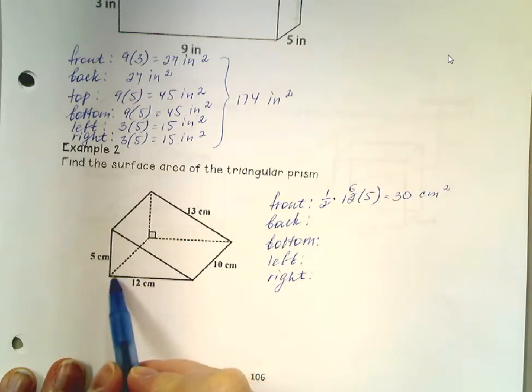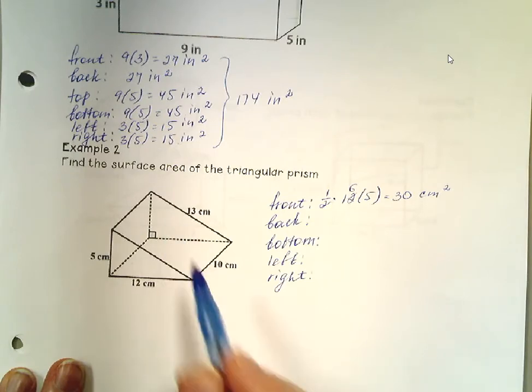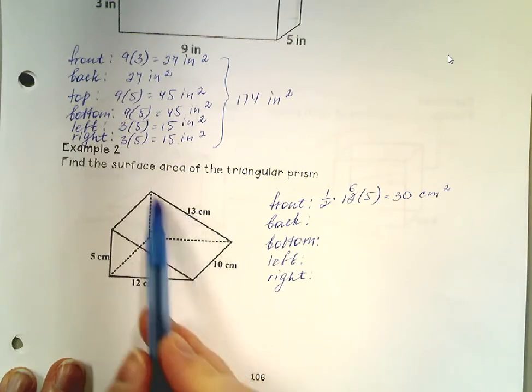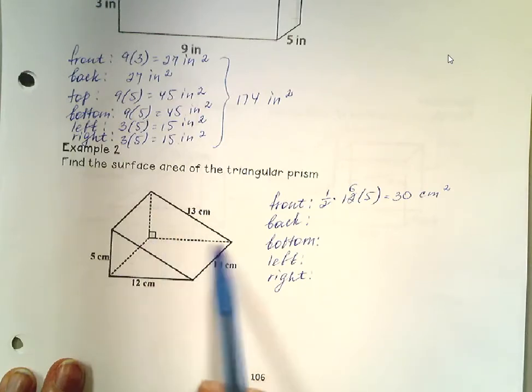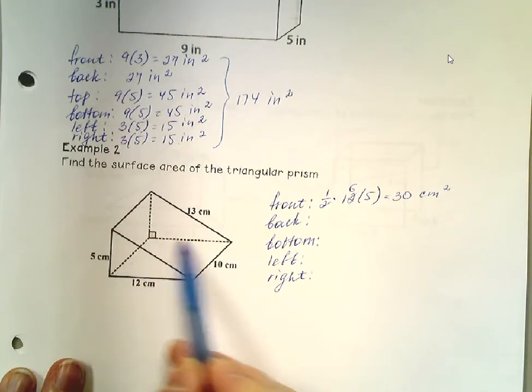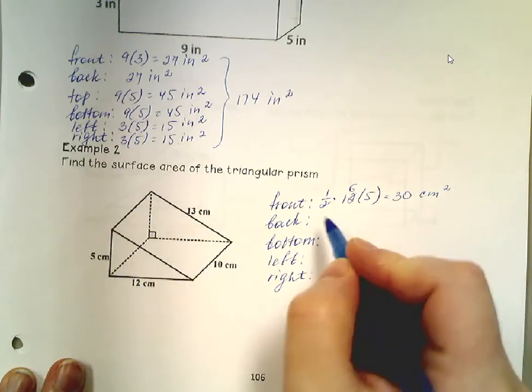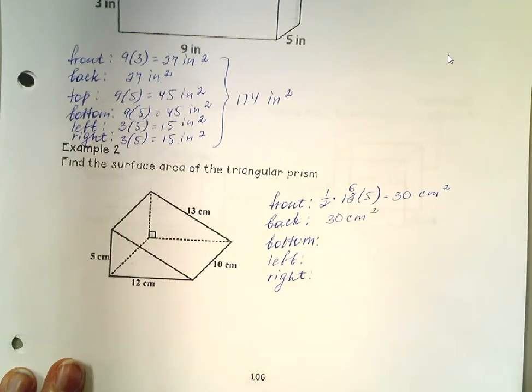Since I have this area of the base, I can also have the back. The back is going to be exactly the same. We are not looking for 13 as a number right now because it's the 1/2 of base times height. We are looking for this right angle. The base is 12, the height is 5. So it's also 30 centimeters squared.